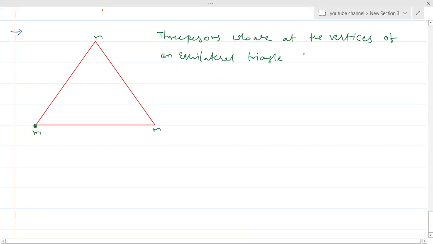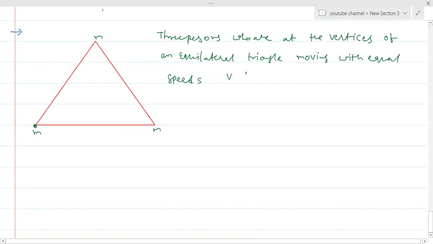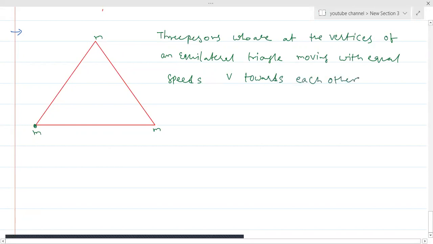Equilateral triangle, moving with equal speeds v towards each other. Now the question is when and where they meet each other.